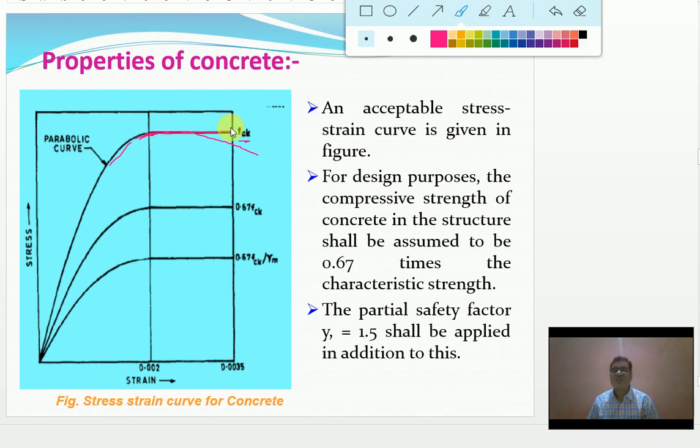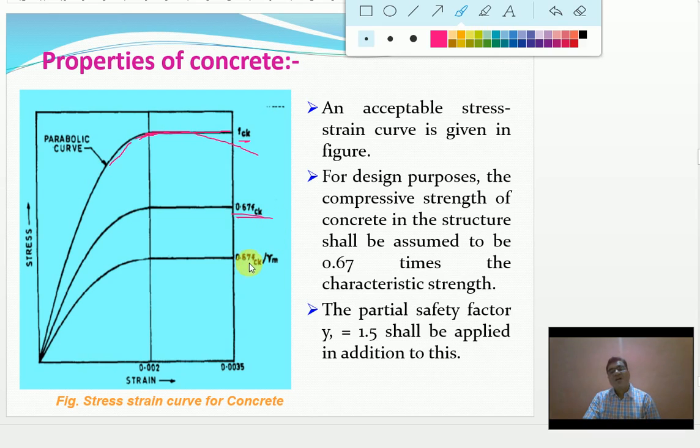So the quality of compaction we get in a concrete cube is not possible for the concrete of the member. In that case the strength will decrease, and this decrease is considered as 33%, and hence this factor 0.67 fck.